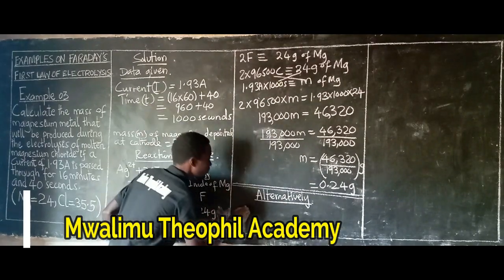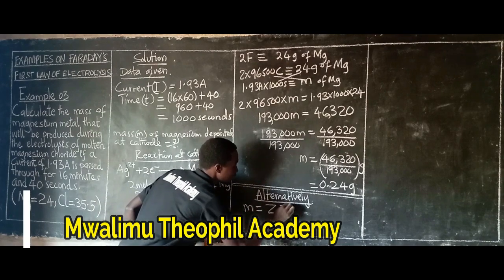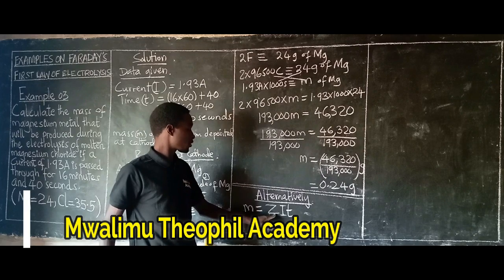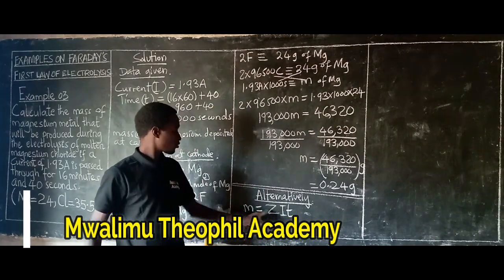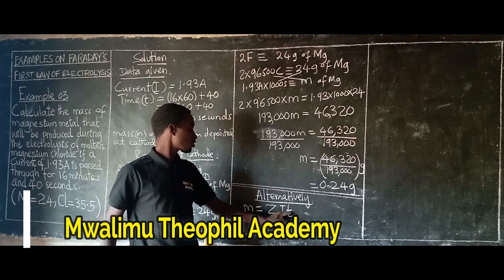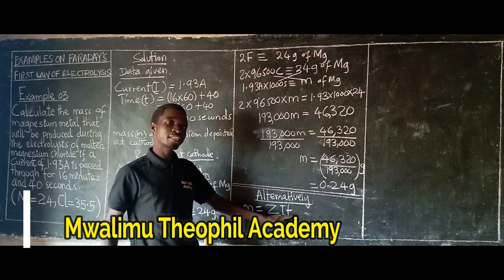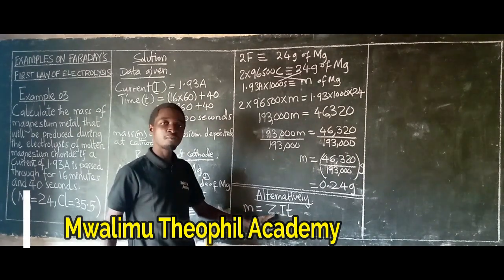The formula says that mass is equal to ZIT. It means that mass deposited is equal to electrochemical equivalent times current times time. To get this mass, you must have all three data, but we only have two. We have current and time, and we are not given the electrochemical equivalent of magnesium.